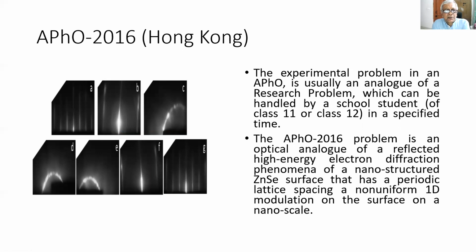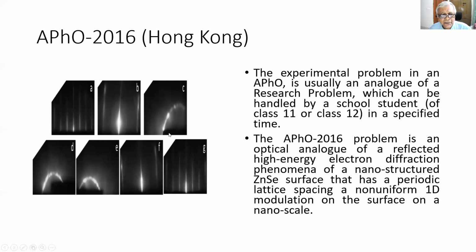Well, every experimental problem in APhO is usually an analog of a research problem, which can be handled by a school student of class 11 or class 12. The APhO 2016 experiment is an optical analog of a reflected high-energy electron diffraction phenomenon of a nanostructured ZnSe surface that has a periodic lattice spacing and a non-uniform 1D modulation on the surface on a nanoscale.